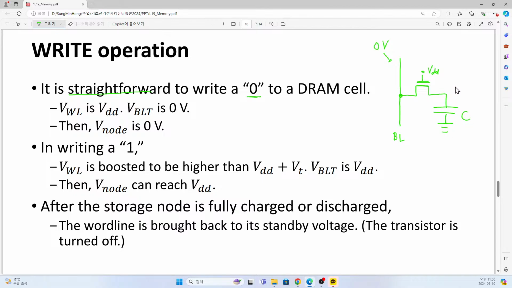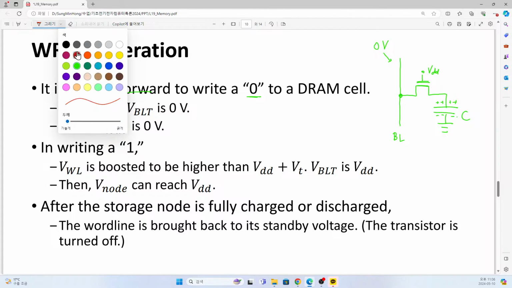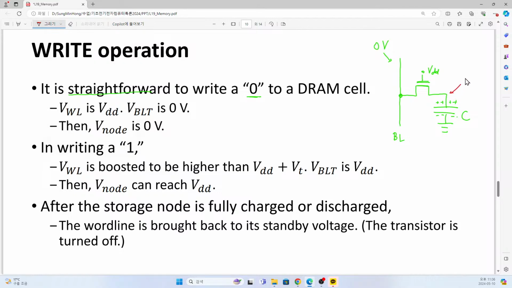Let's say that previously we had certain charges, but with this kind of configuration, of course its voltage will be higher than 0 volt. So these charges will be discharged through that current path.